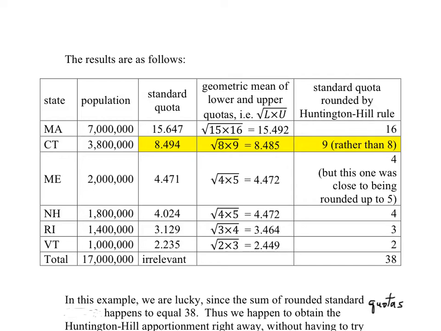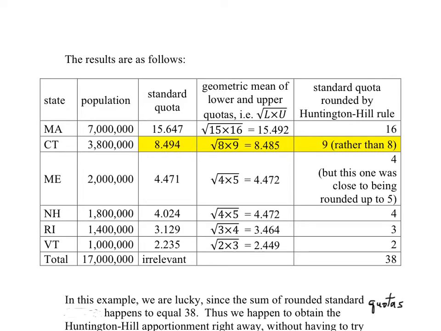Huntington-Hill says, no, we're not going to compare this number to 8.5, we're going to compare it to 8.485. That is the Huntington-Hill rounding rule. So we compare the standard quota to the Huntington-Hill cutoff, and our standard quota exceeds the Huntington-Hill cutoff, therefore our quota gets rounded up instead of down.